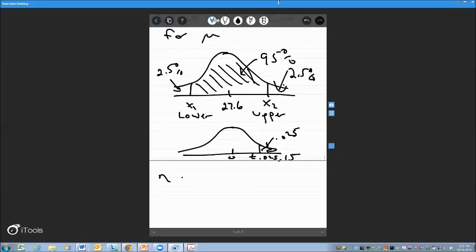Remember, n equals 16, so n minus 1 equals 16 minus 1, or 15 degrees of freedom.